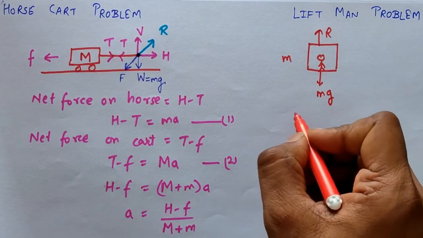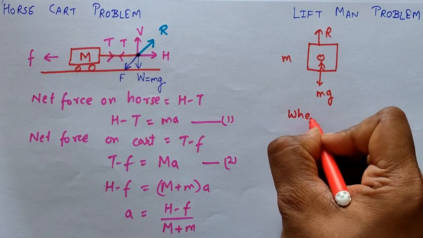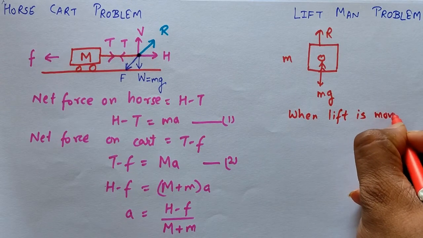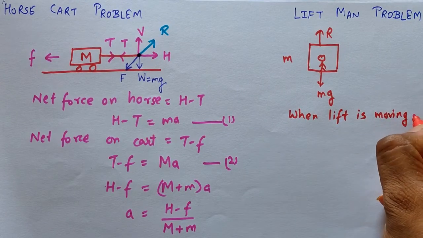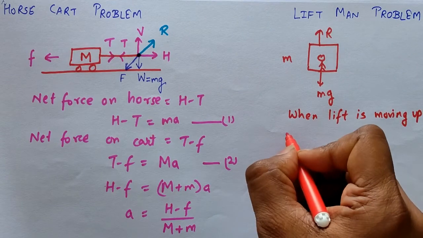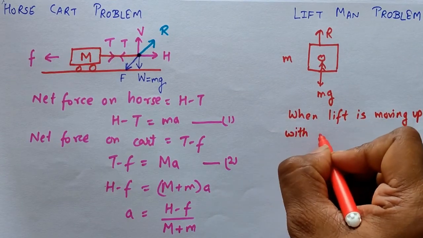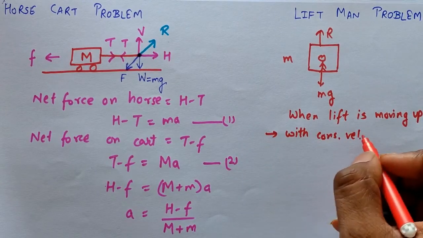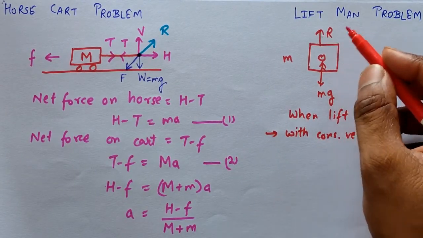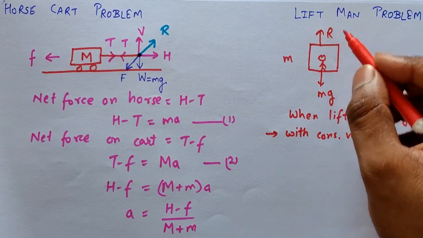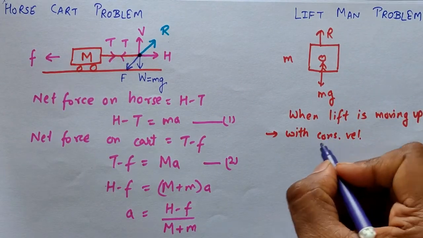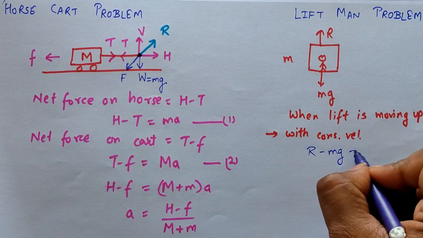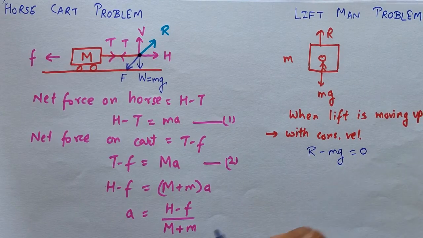So first of all, when the lift is moving up with constant velocity, R will be greater than mg. So I can write it as R minus mg, and since there is no acceleration, for ma I am writing 0.